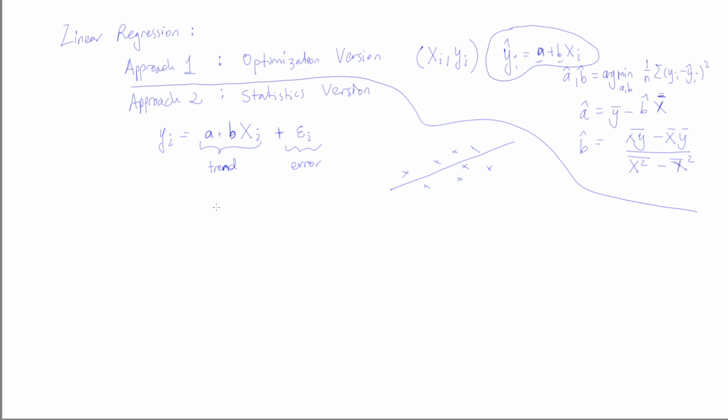Okay? Then we need to make an assumption about the error. Well, the assumption that's very commonly made is that the error is a normally distributed random variable with mean 0 and variance sigma squared. That's just a very common assumption because the Gaussian distribution is very easy to work with.